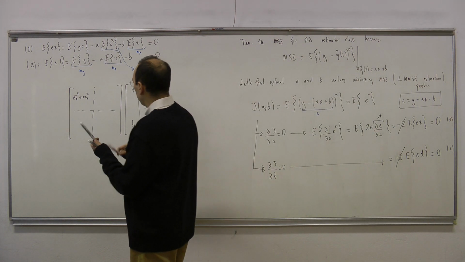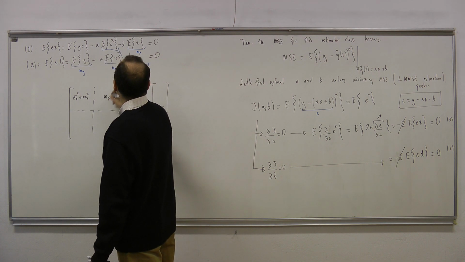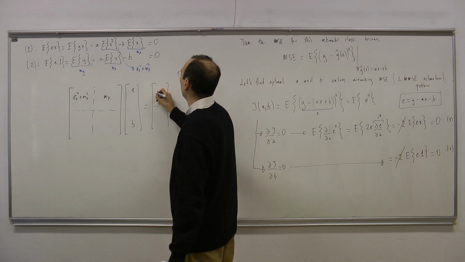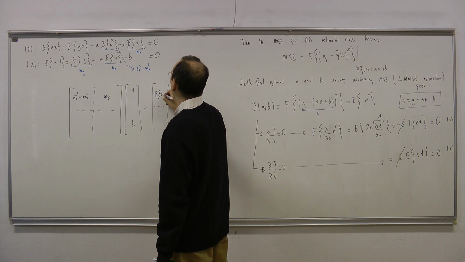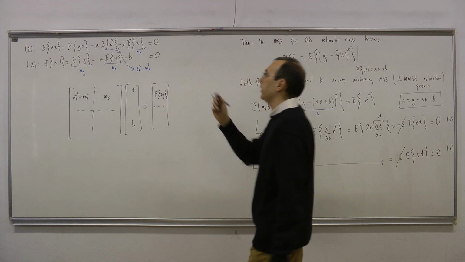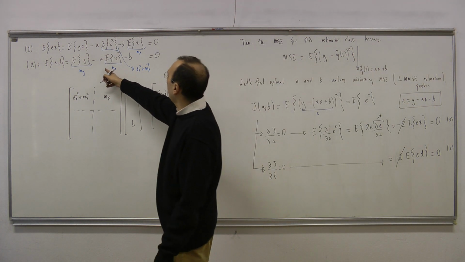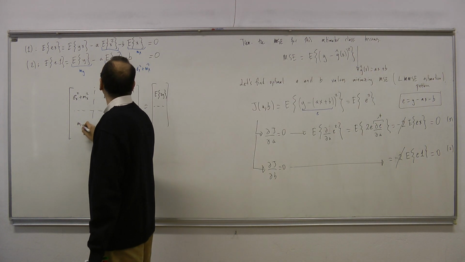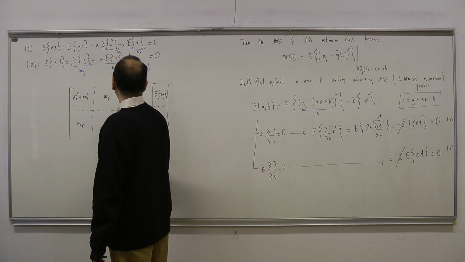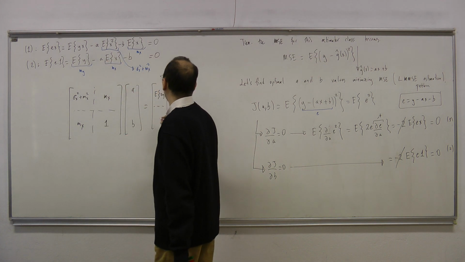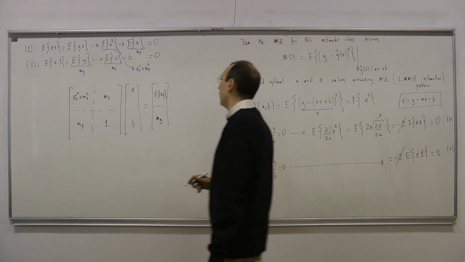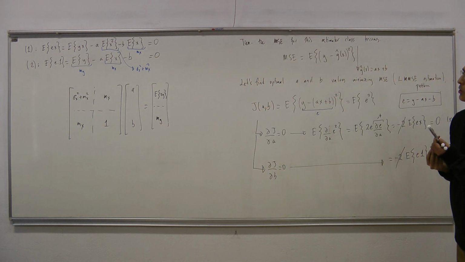So this is b times mx is equal to expected value of xy on the other side. This is the first equation. The second equation, a times this minus b times this is equal to my. So this is our equation system.